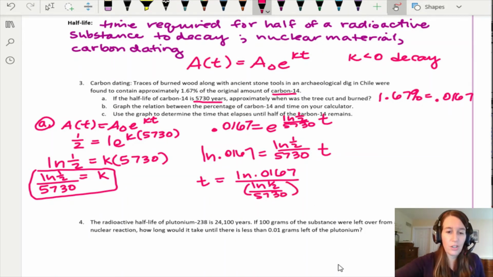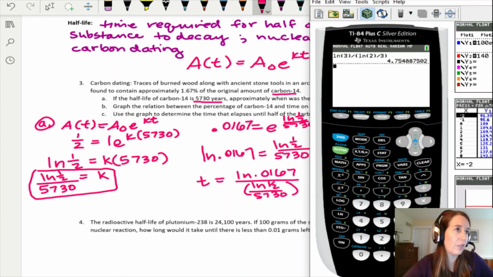So let's try that now just to make sure we can all do it. Clear out this last problem. Natural log 0.0167. Let's end that parenthesis and divide. And then let's open a denominator parenthesis again.